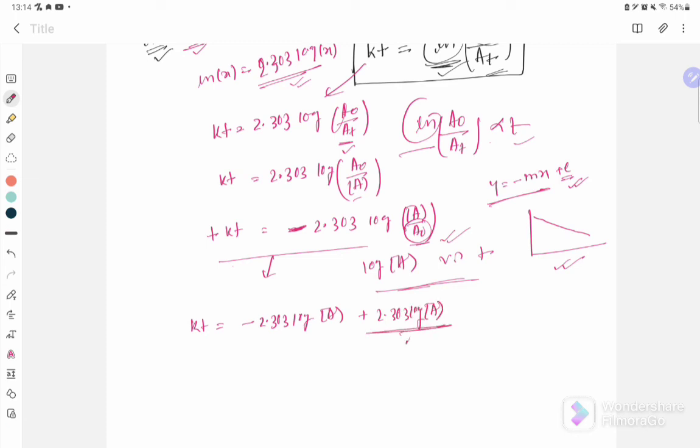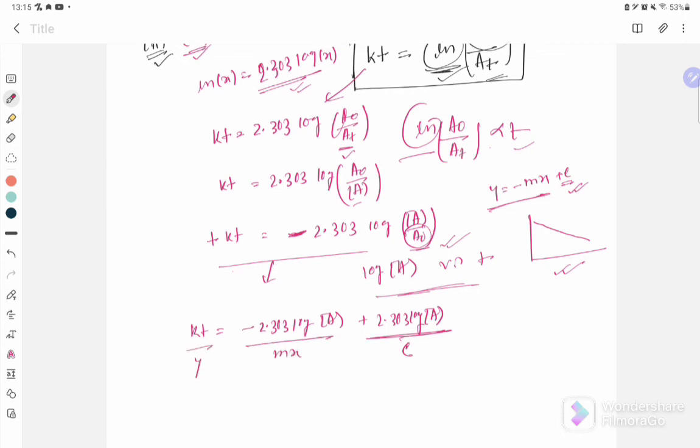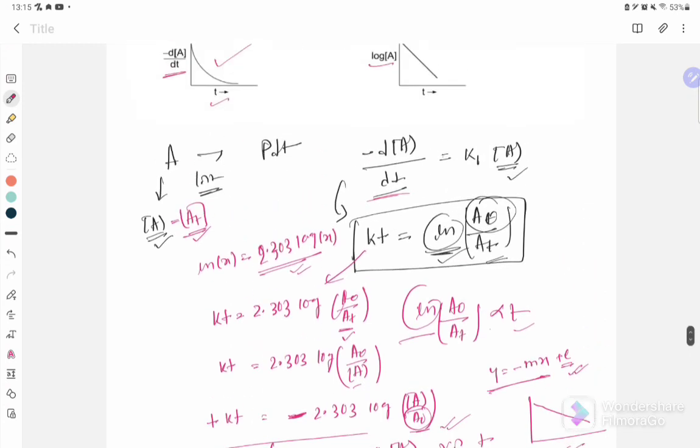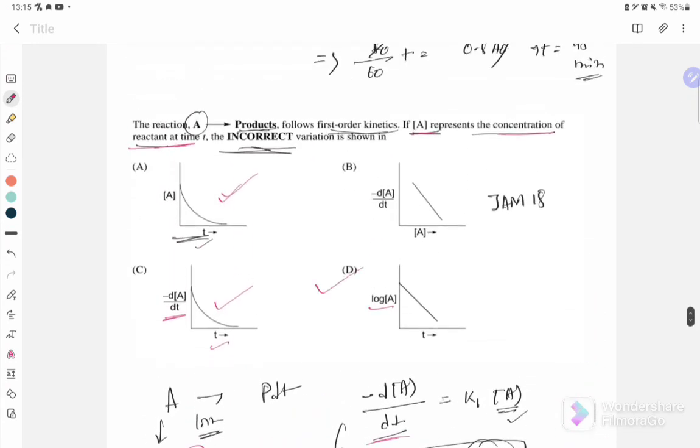So this is our c, this is mx and this is our y, so it will give such an equation. Okay, so this is also correct. So our incorrect option is this one, because if the others are correct, this will be our incorrect one.